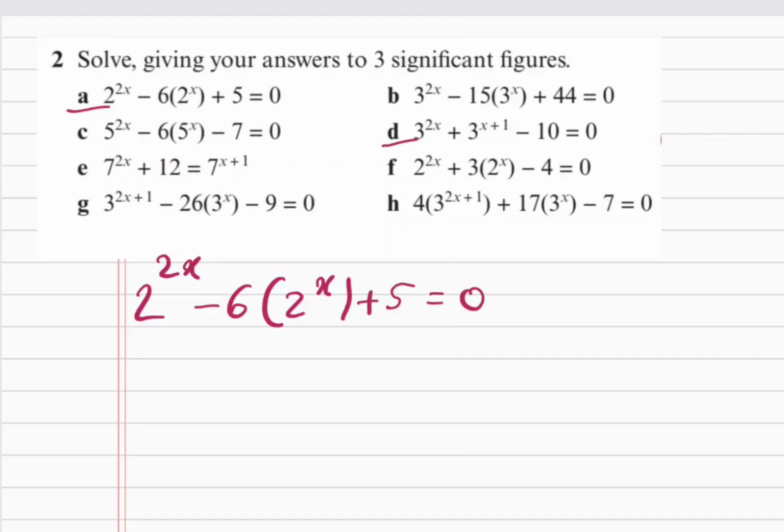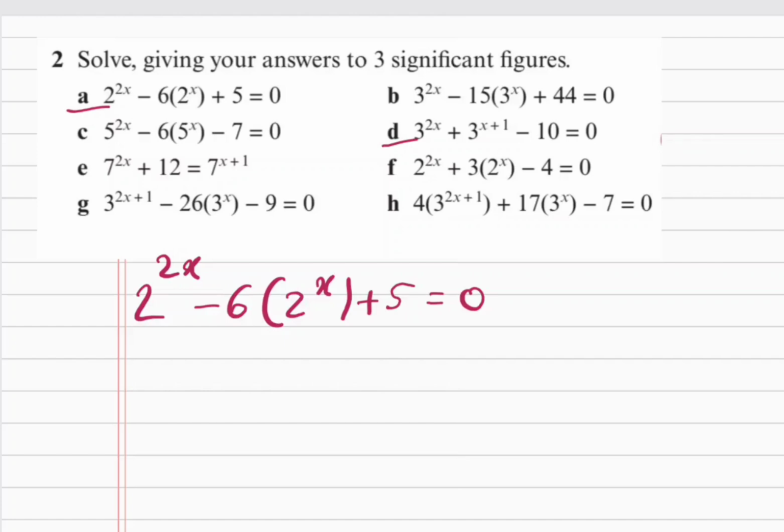Sometimes it can get too complicated, but in this case, we can easily use the fact that these equations look like quadratics if you look at this carefully, because here you have 2 to the power of 2x and then here you have 2 to the power of x. So the power here is just double that, exactly like quadratics. So in this case, the best thing is just solving this by substitution.